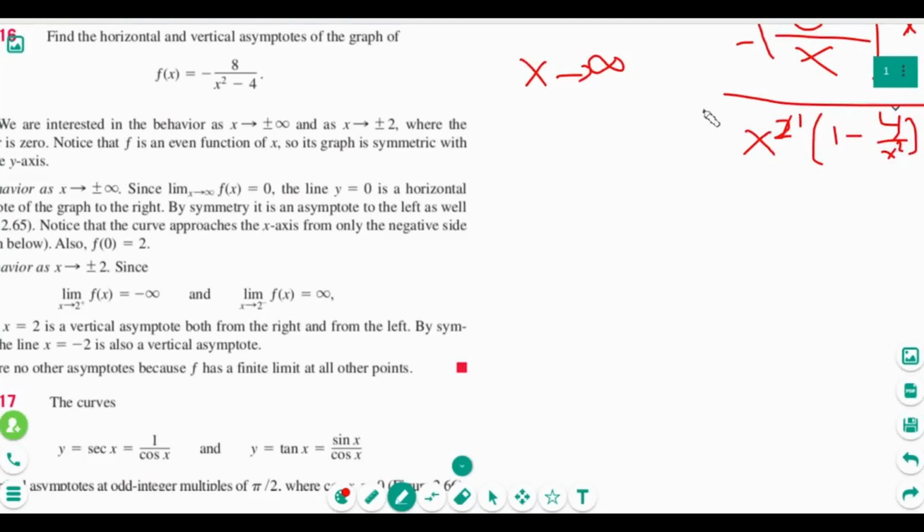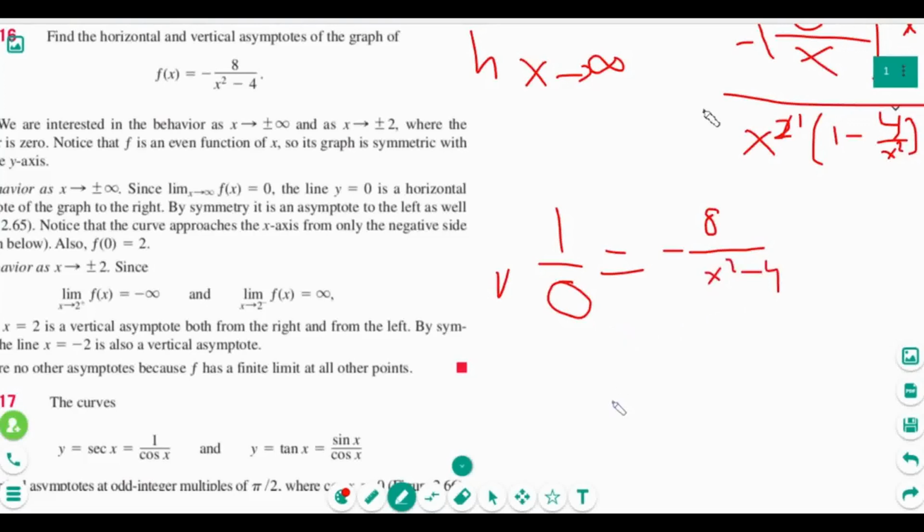So draw the graph now. The horizontal limit is 0. For the vertical limit, you said 1 divided by 0 is equal to minus 8 by (x square minus 4).